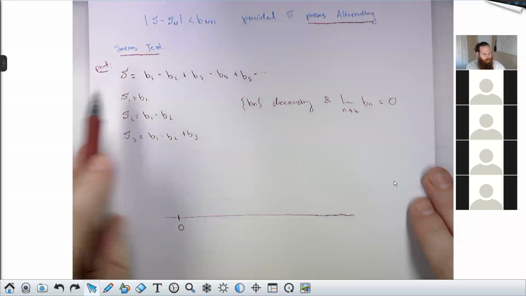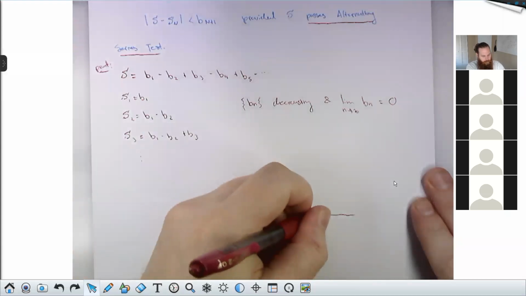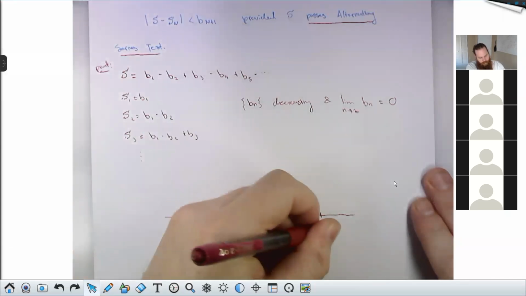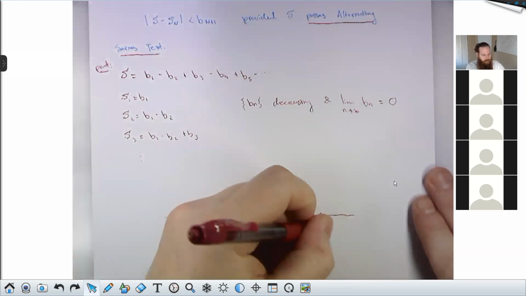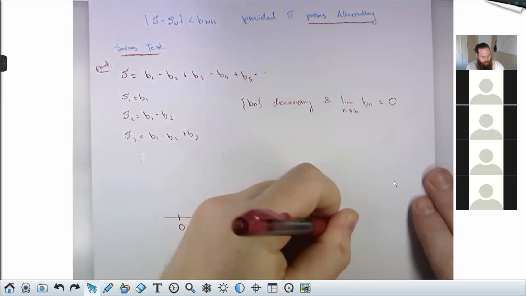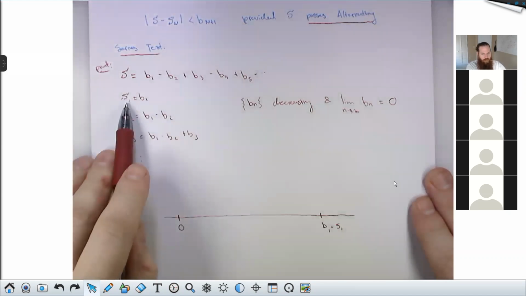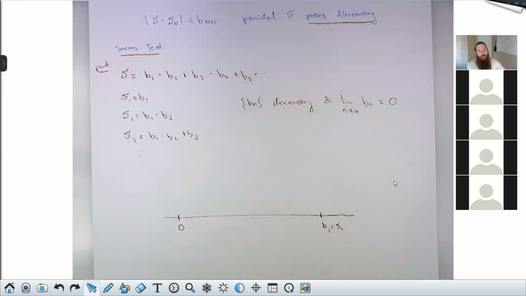And I'll say, okay, well, B1 is right here. And that's equal to S1. Right? Because S1 is just B1. It's the first partial sum. It's just that term left alone.